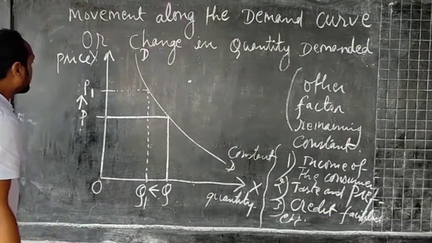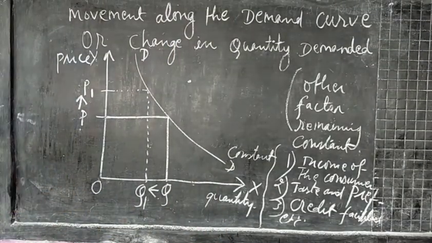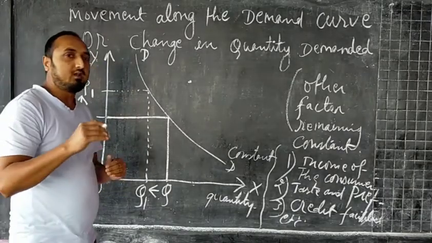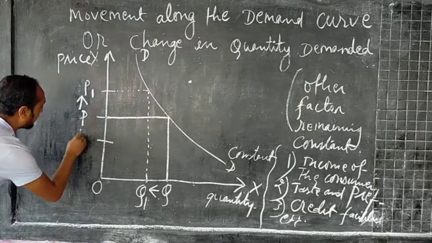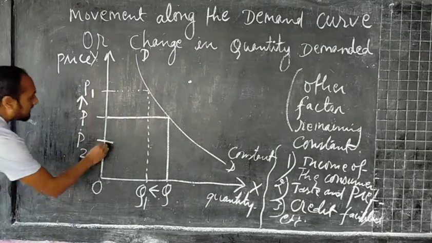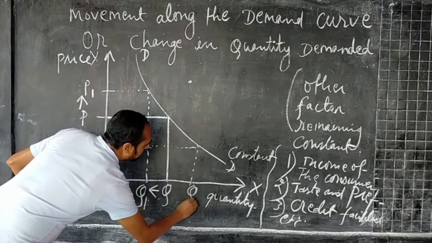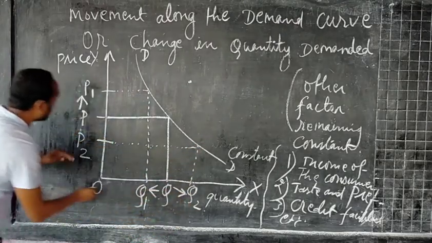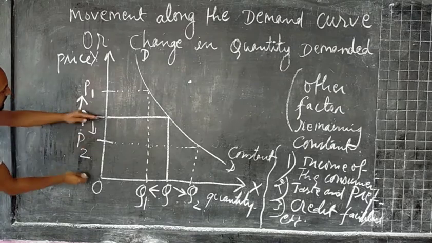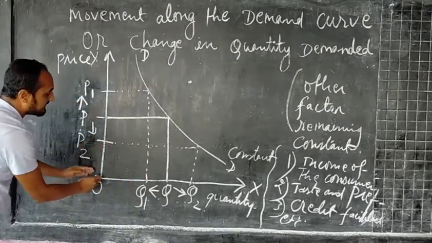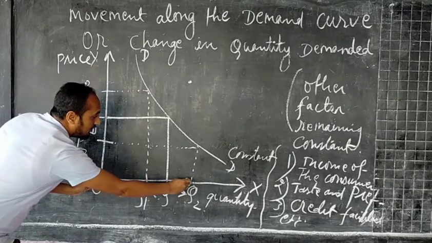Similarly, if the price of a commodity decreases, then the quantity demanded will increase. Let's consider another price P2. At price P2, the quantity demanded will be Q2. Due to the fall in price from OP to OP2, the quantity demanded increases from OQ to OQ2.